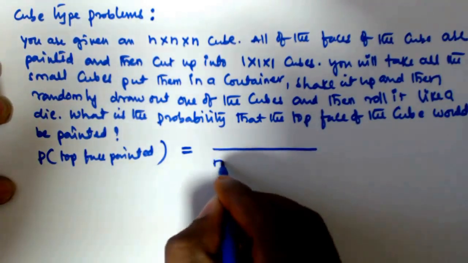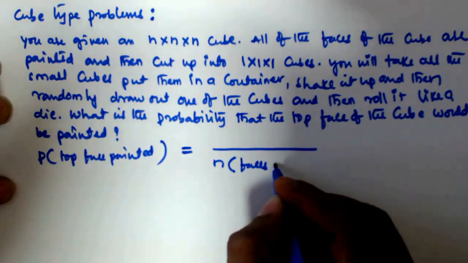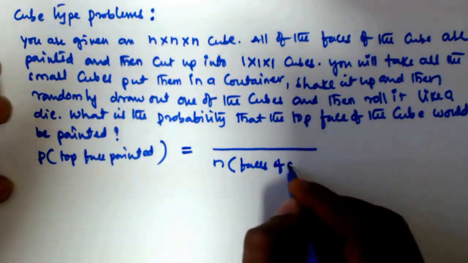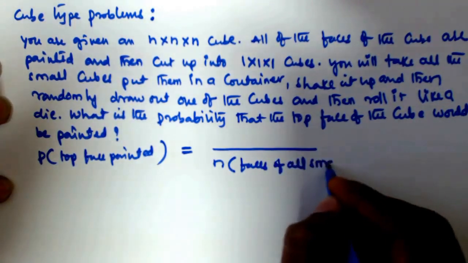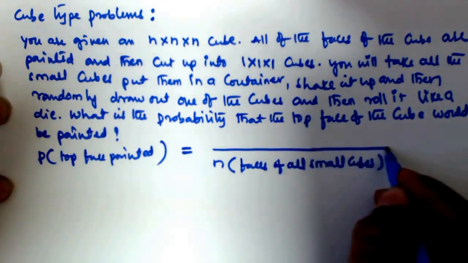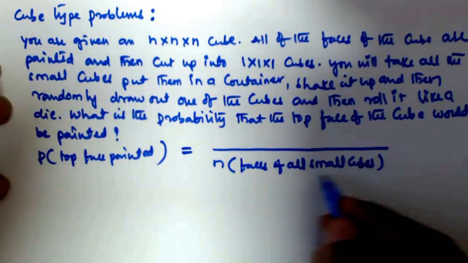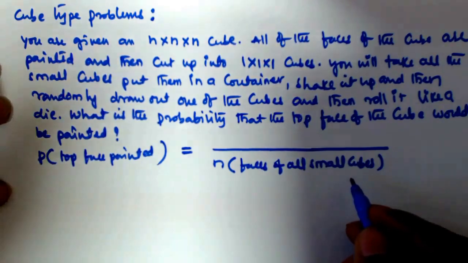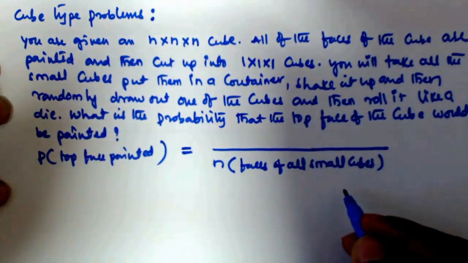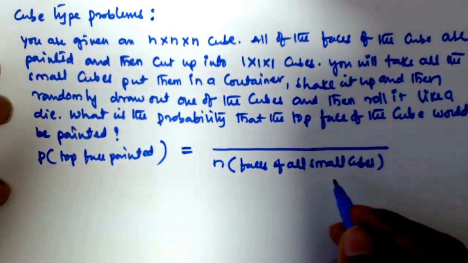The number of faces of all small cubes, this is the total number of faces related to the small cubes. So we have to find the total number of small cubes first, and then find the total number of faces of those small cubes.